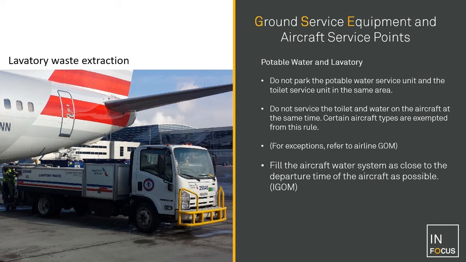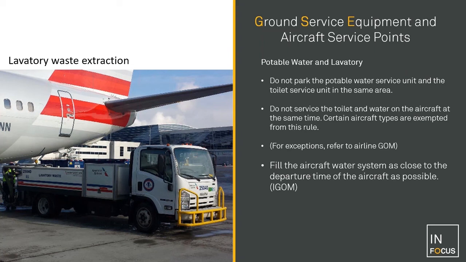There are regulations which demand that these two vehicles aren't at the scene at the same time. They shouldn't also use the same parking area. There are some exceptions to this. This is again why you need to involve the stakeholder, the ground operator who's doing this.